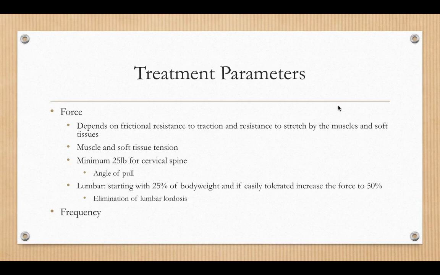A good indication is if we've eliminated the lumbar lordosis, the lordotic curve in the spine, that's usually a sign you've gotten to that 50% of the body weight. Again, angle of pull can also potentially affect that. So if you put them into a little bit more extension or a little bit more flexion, or if we go side bending, that can also affect some of that.